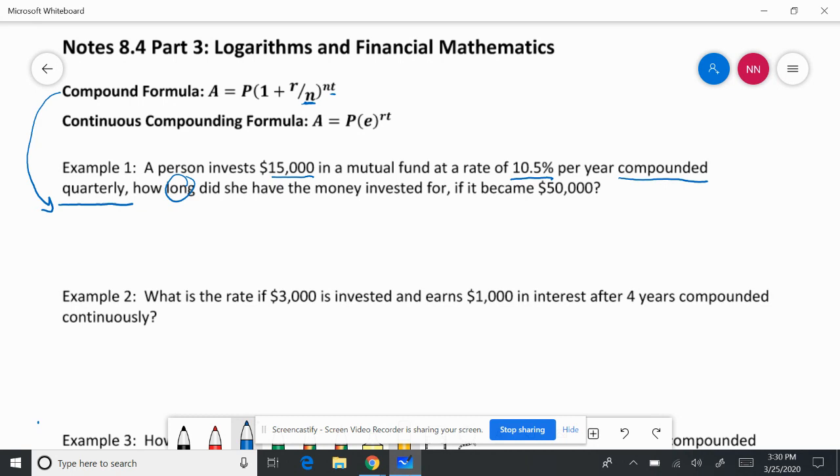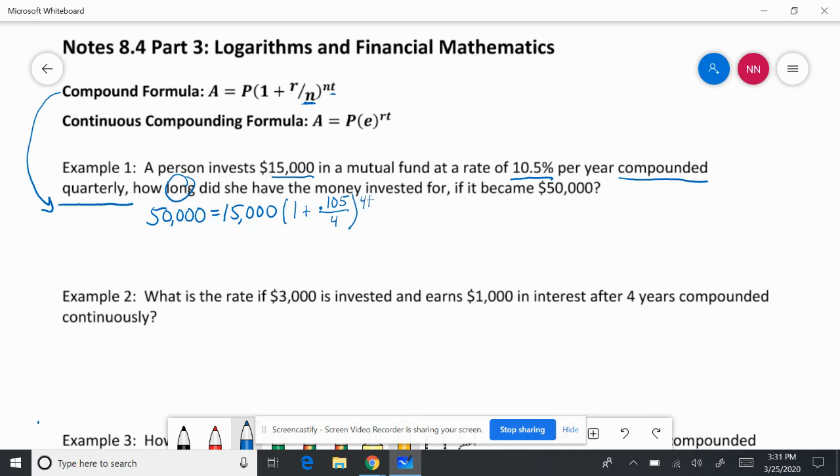So when we set it up, what we're going to do is we're going to go 50,000 is equal to 15,000 times 1 plus, remember to turn the rate into a decimal, 0.105. And we're dividing that by 4 because it's quarterly, to the 4t.